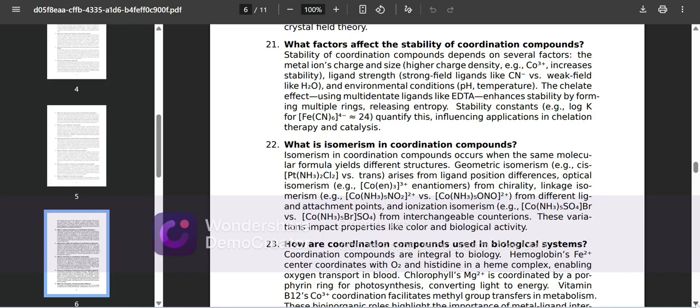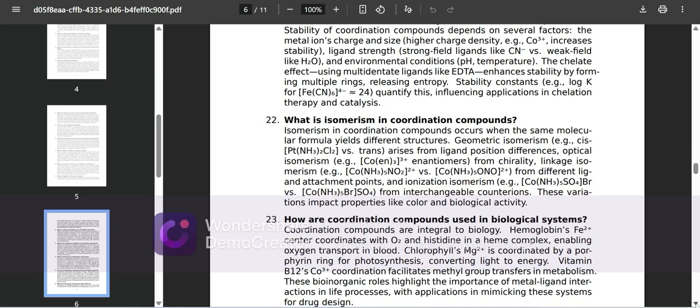The chelate effect: multidentate ligands like EDTA enhance stability by forming multiple rings, increasing entropy. Stability constant, for example log K for Fe-EDTA is about 25, quantifies this, influencing applications in chelation therapy and catalysis.